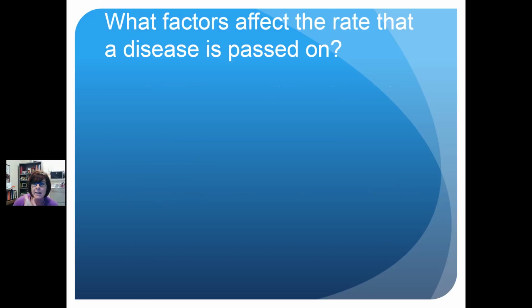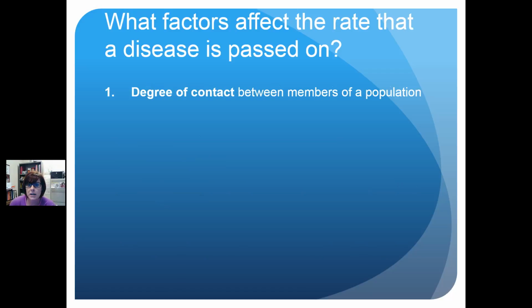So what kind of factors affect how fast a disease can spread? Well, the first thing is the degree of contact between members of a population. So basically, how much exposure you have to others.